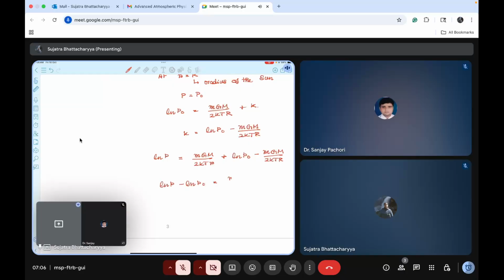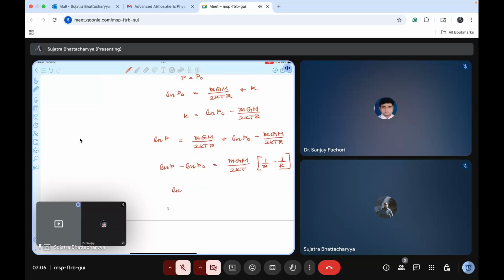These are all common, we can take 2kT, and 1 by r minus 1 by capital R. So what you will get is log p by p naught equal to mgM divided by 2kT times 1 by r minus 1 by capital R.